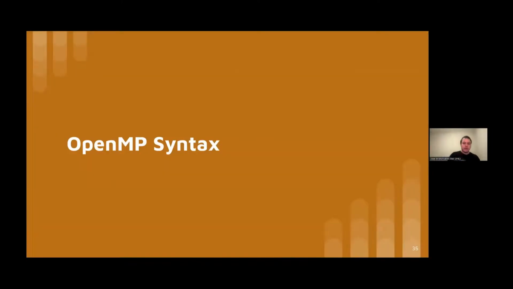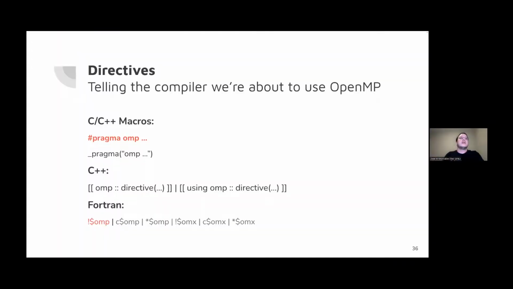Okay, just a little bit of an introduction to OpenMP syntax, such that you can go to lab 1 and play with all these concepts. So the first thing is that we're going to use something called pragmas. Pragmas are annotations to the code that allow the compiler to take a look at the code and say, for this particular section of code, I'm going to be transforming my code from this original structure to that structure.